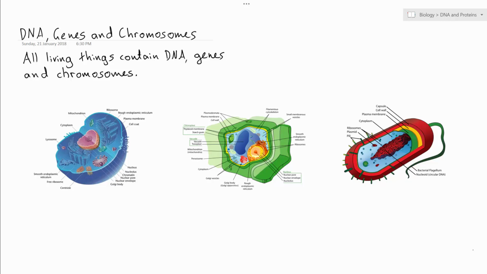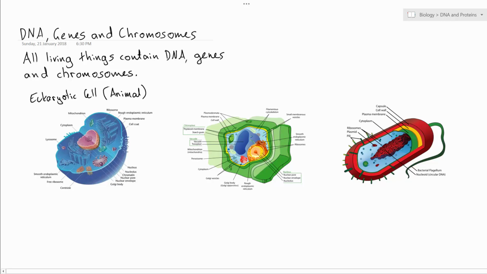So firstly, what we've got here is an example of a eukaryotic cell. More specifically, this is a eukaryotic animal cell. So any type of animal will possess cells that look like that blue cell below.